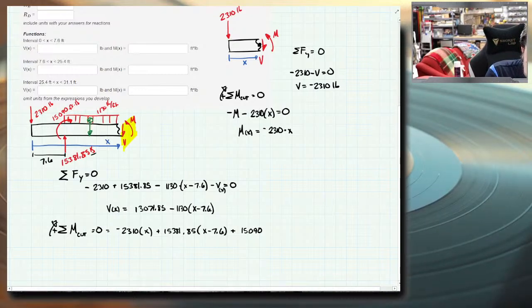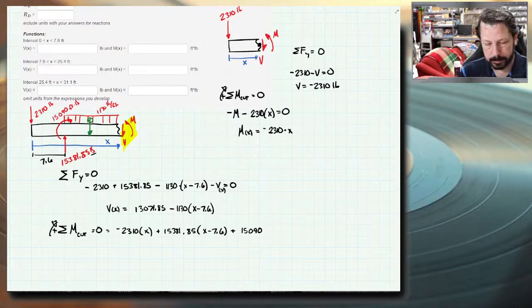We've got to create a little lumped version of this guy so that we can take care of the distributed load without using calculus. So it's going to go counterclockwise.